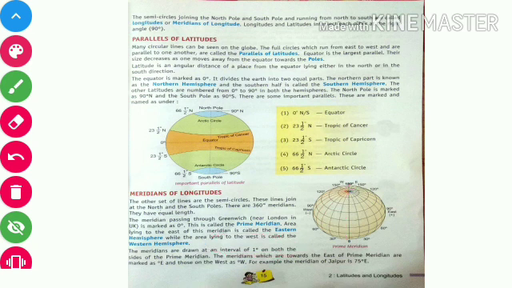The meridians which are towards the east of the prime meridian are marked as E. Look at the picture, this is E. And those on the west as W. This part is called west. This is east.